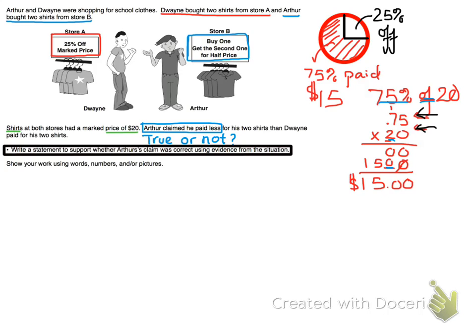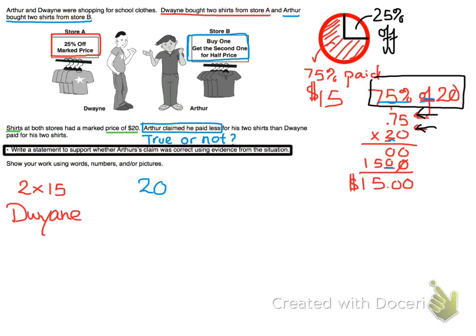So I'm going to mark over here that he pays 2 shirts at $15, and that's Dwayne. And that's evidence from the story. All right, let's find out how much Aurther paid. Well, he paid $20 for his first shirt, and the second shirt is half off, so half of 20 is 10, and that's Aurther.